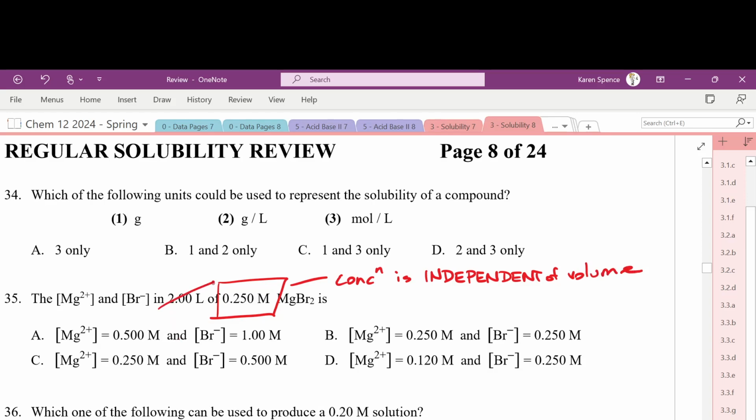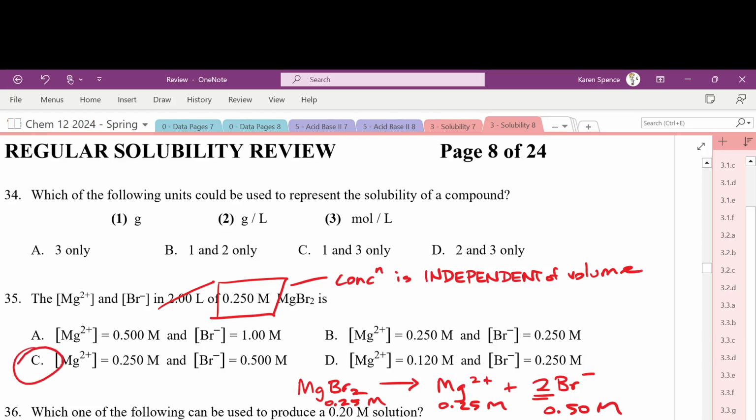So we can ignore the 2 liters. It is irrelevant. And we have 1 Mg2 plus, 2 Br minus. If this is 0.25 molar, then this is 0.25 molar, and this is twice that, so that's 0.50 molar. So that would be C.